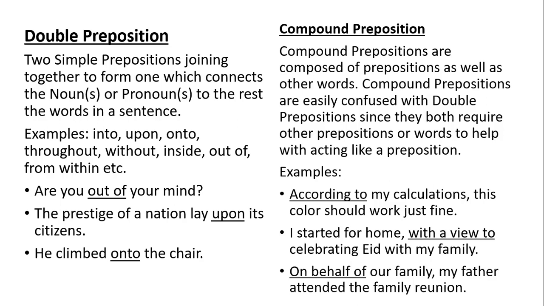Okay, with a view to. So with is a preposition, a is an article, view is a verb, to is another preposition. So in this compound preposition, we got two prepositions, one article and one verb. This is how a compound preposition is constructed. We have at least one basic or simple preposition, and then we have words from other parts of speech.